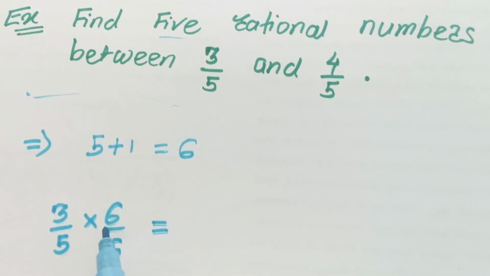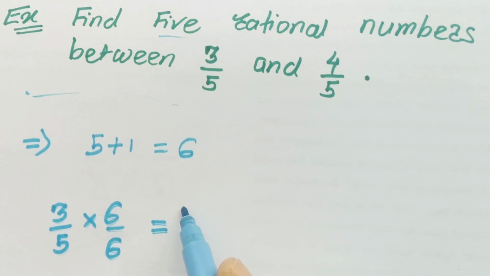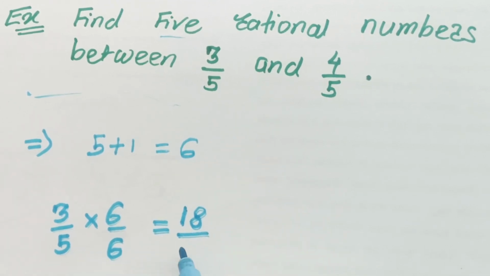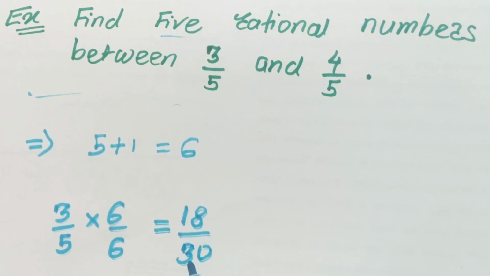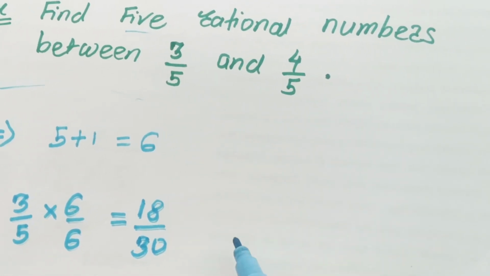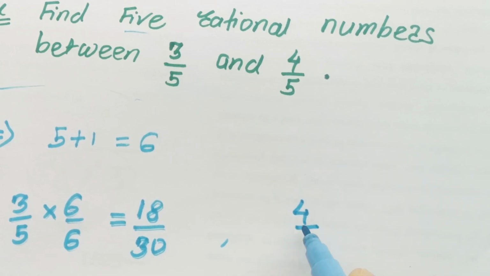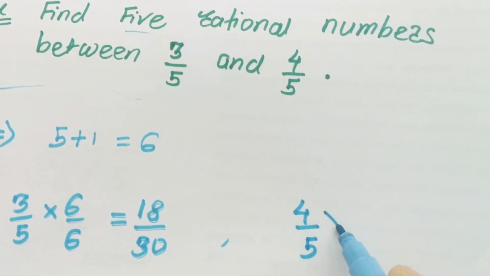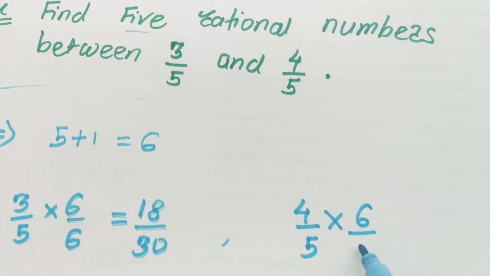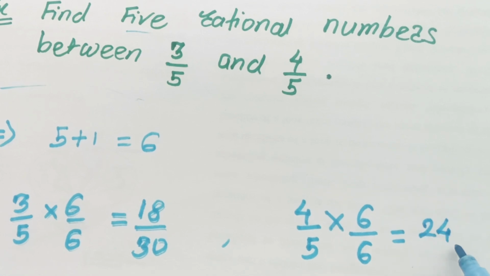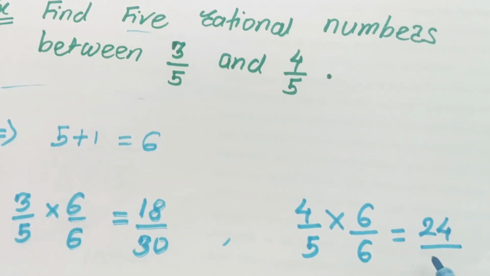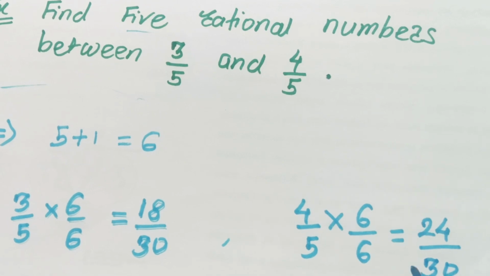So take the multiplication of the numerator, 3 into 6, that is 18, divided by 5 into 6, that is 30. Similarly, the second number is 4 by 5. Again multiply and divide by 6. Then we get 4 into 6, that is 24, and 5 into 6, that is 30.